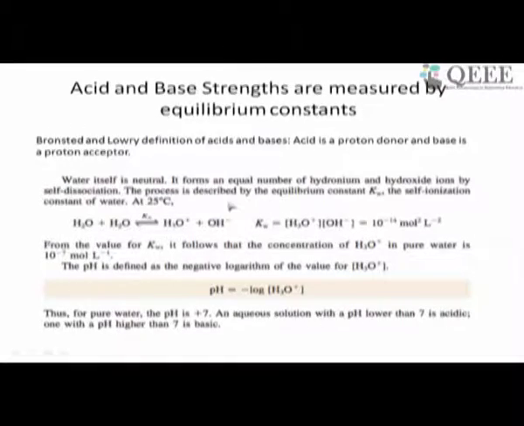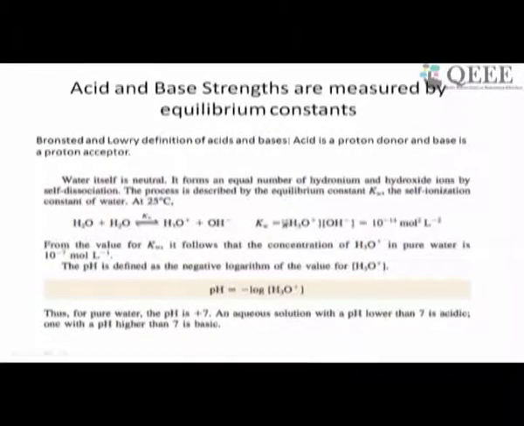This process is described by the equilibrium constant Kw, which has a value of 10 power minus 14, an extremely small value. This means water mainly exists as water molecules and the ionization is very small. The concentration of H3O plus is 10 power minus 7.